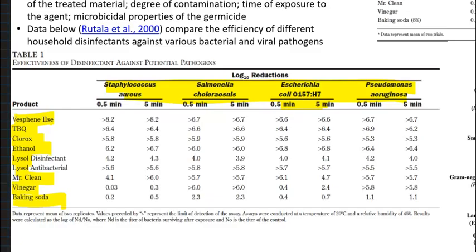So, how many of you heard some influencers saying that vinegar works as an antibacterial? It's nonsense. It does not. If you wash fruits with vinegar, you may as well wash them with urine. It's pretty much the same effect, and baking soda even worse. There's no reduction.